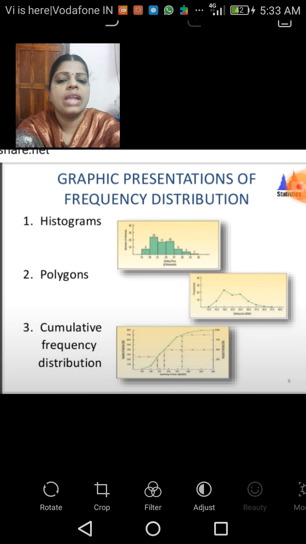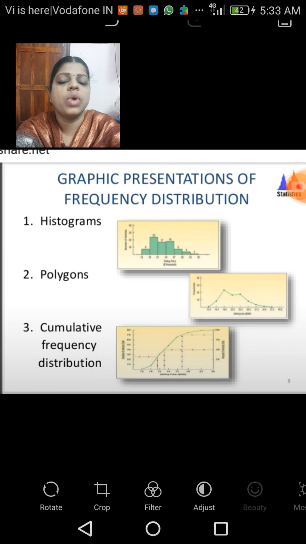And the next diagram is the polygon. So in the polygon we can see here, they have plotted all the points and joined them, and at last we get the polygon curve also. This is the second manner in which we can graphically depict it in the diagrams.